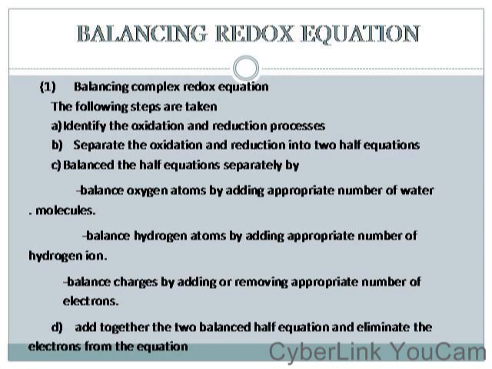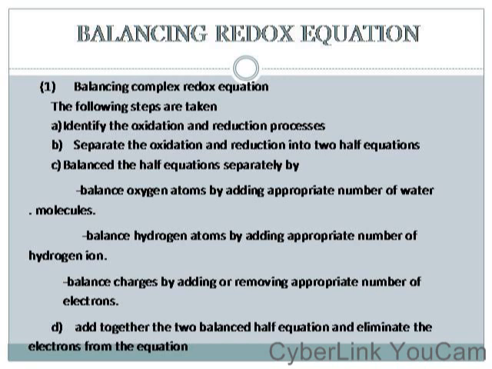It's either you add or you remove to balance the charges. And the next one is what? After balancing the number of charges, then you add the two balanced half equations. After you have balanced them separately, you now add them together, and then you eliminate the electrons from each of the equations.